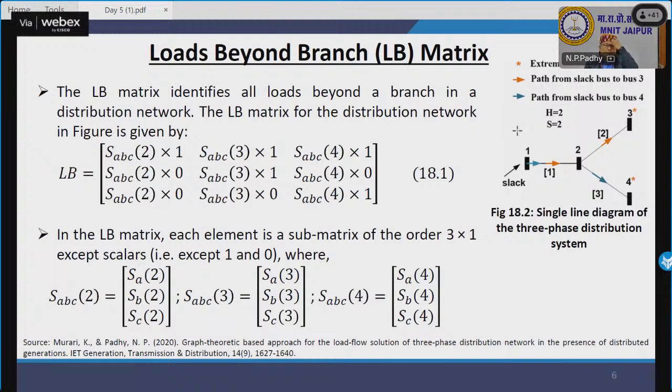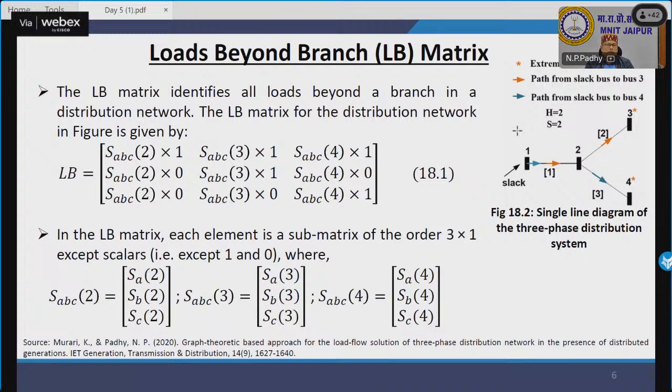Now, we need to understand how this matrix has been generated. When you say ones and zeros, they are a kind of matrix which decides the graph theory. When you talk about S_abc2, 3, and 4, 2, 3, 4 are the buses which are three-phase.